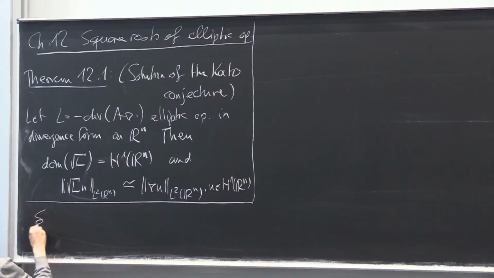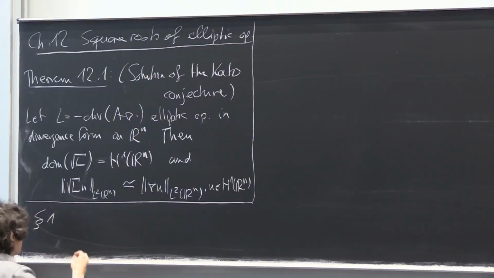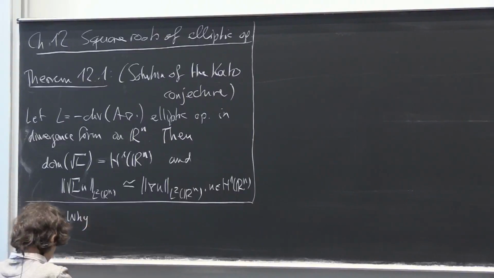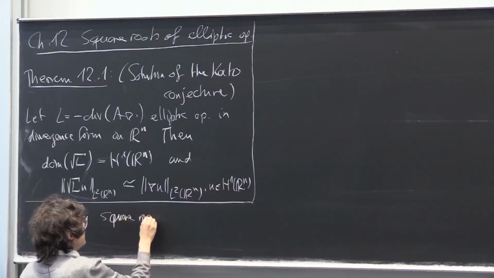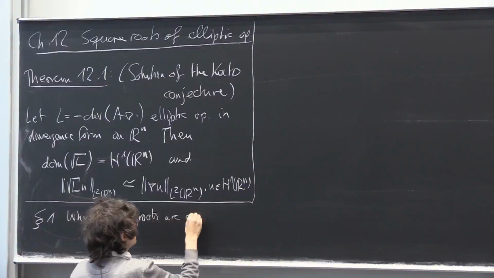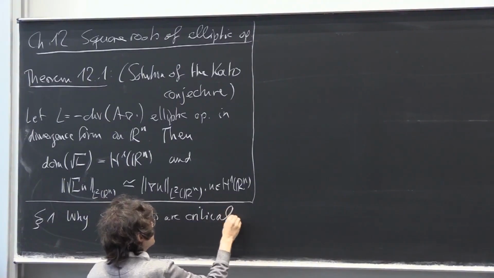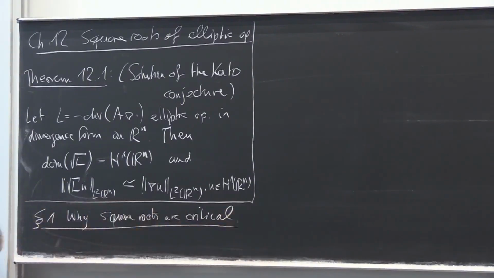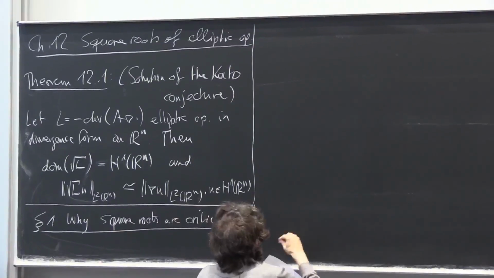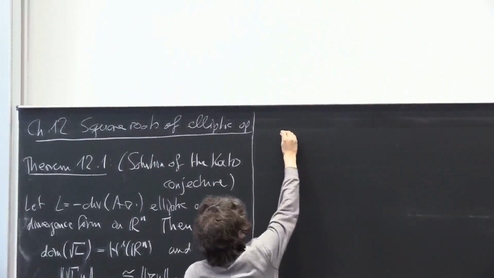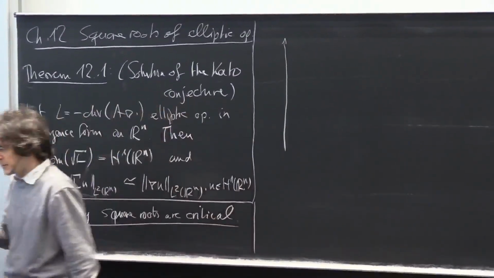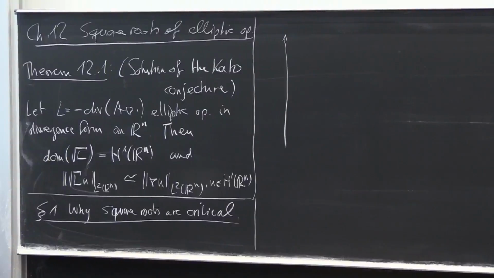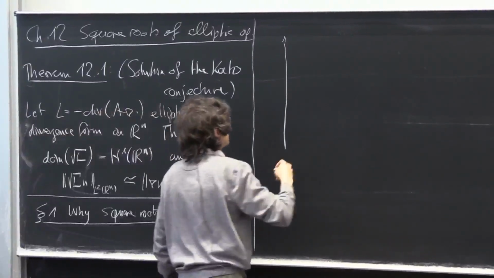But the first and somehow the main topic today is the subsection on why square roots are critical. Let me do a small drawing for this, which summarizes some things that we already saw in the lectures and that we will see today.